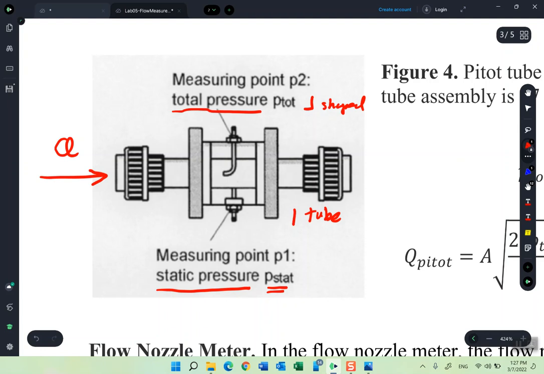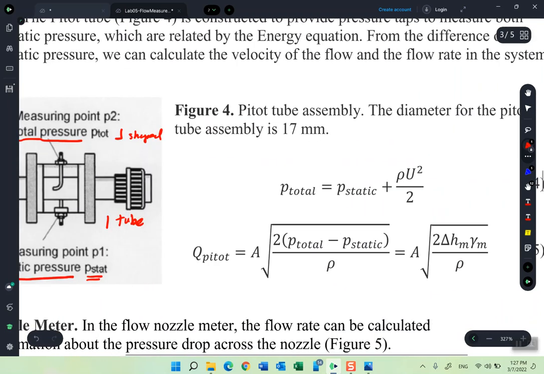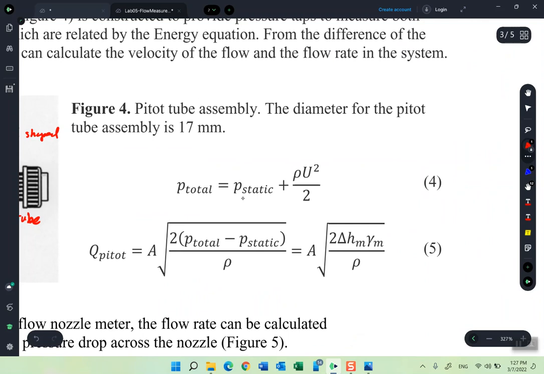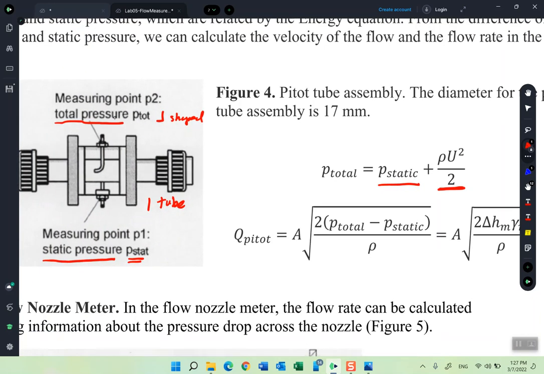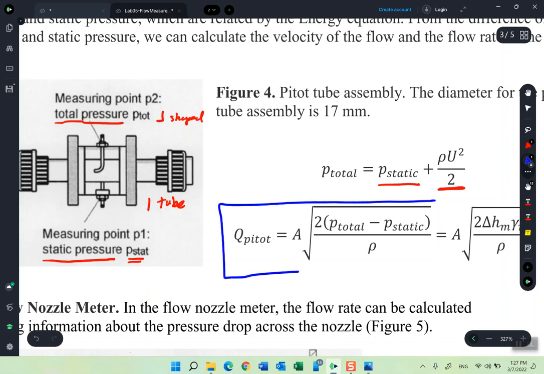And the total pressure, as per this equation, equals the static pressure plus the dynamic pressure. If you remember, the dynamic pressure comes from the velocity of the flowing water. So once you have the total pressure from the L-shaped tube and the static pressure from the straight tube, you can substitute in this equation to get the discharge.